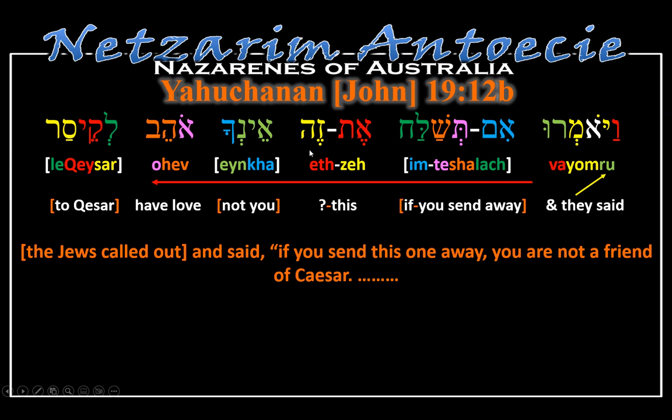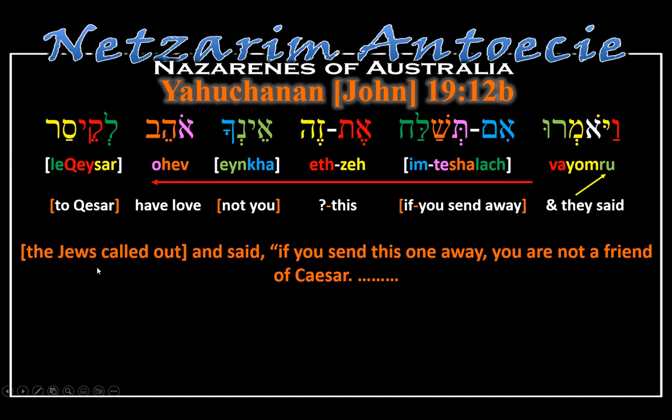Et grammar marker, ze, meaning this man, in other words, right? Ein ka, not you. So because we know ein means not, and kaf sofit is you. Ohev is loving, or it could be loving, or have love. Le Caesar. Le meaning to, Caesar meaning Caesar.